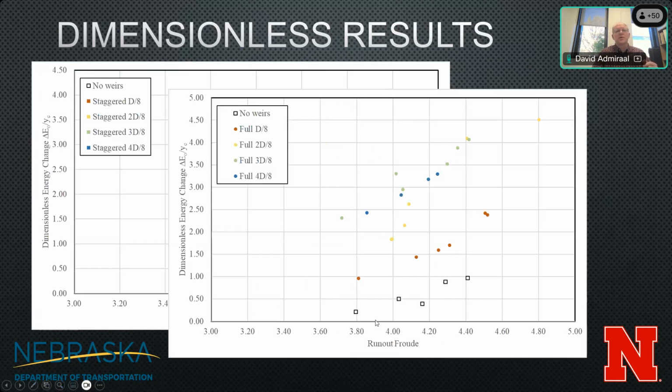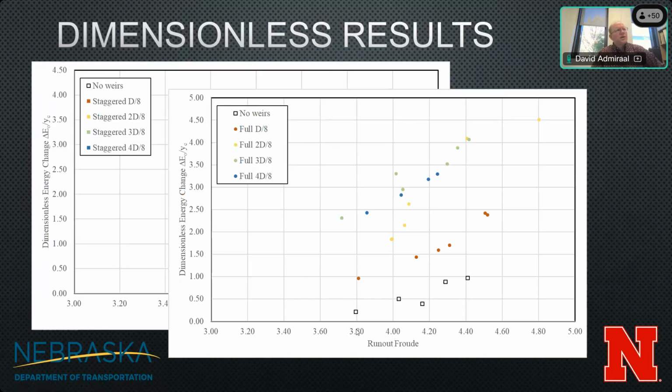So here's the runout Froude number, and again, dimensionless energy change. The reason these results are not as good as I really want them to be is because the runout Froude numbers don't change very much. Remember that the discharge is changing from about 0.01 cubic foot per second to about, I think it was 0.05.